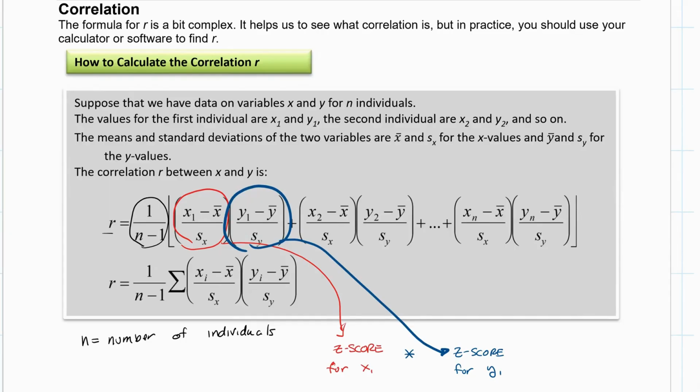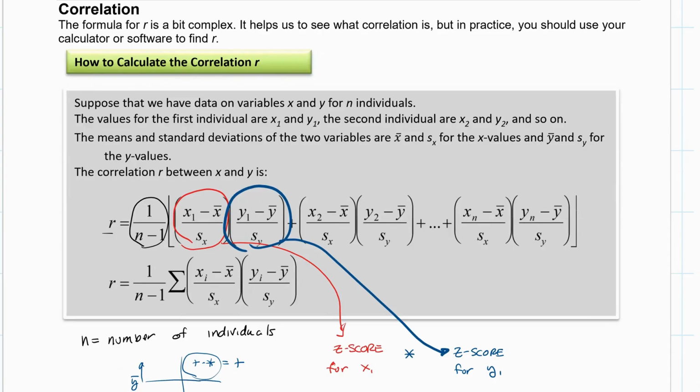Which is an interesting idea, because if this is x bar and this is y bar, and I grab a number out of this area, the data values are above x bar and y bar. So we get two positive z values, because z values are positive if you're above average, and that ends up giving us a positive value.